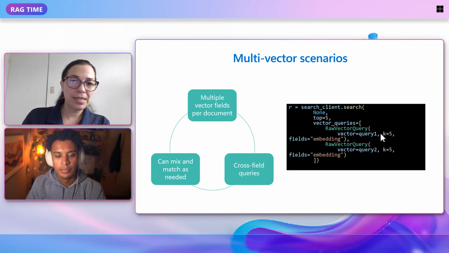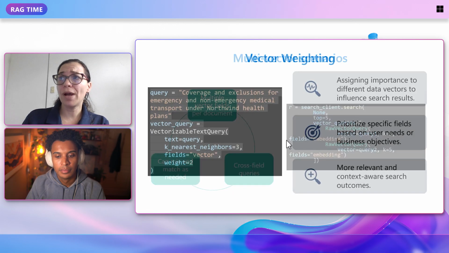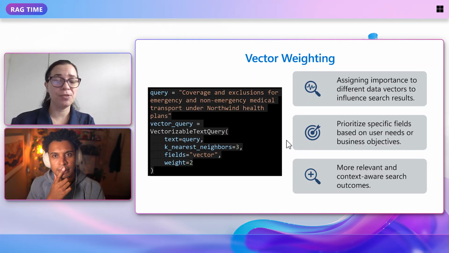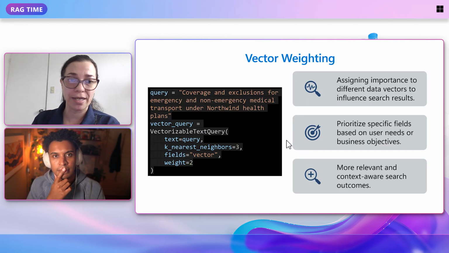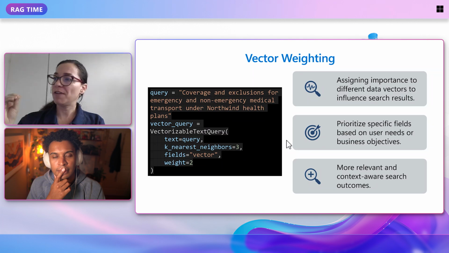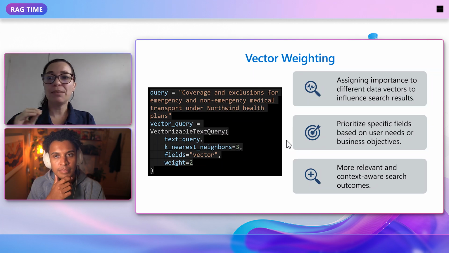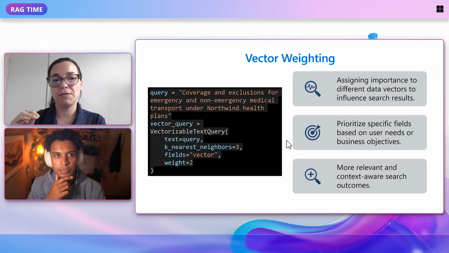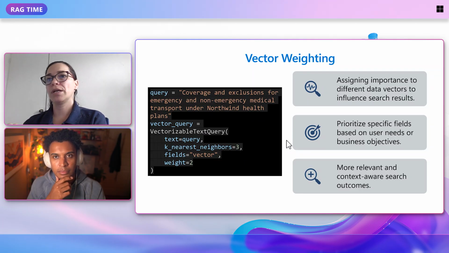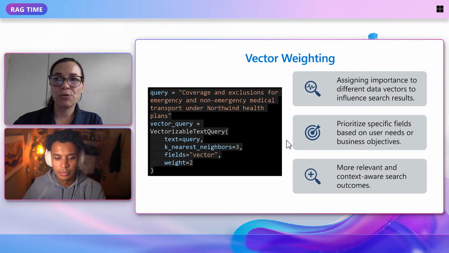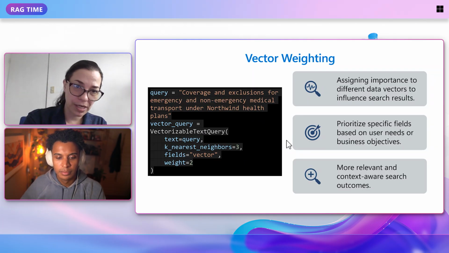In the same way, we also have another technique that helps in this scenario, which is vector weighting. If you are looking for specific fields that are really important for your users, you might know that a specific field like title, or let's say a category within your index, is more important than other fields.